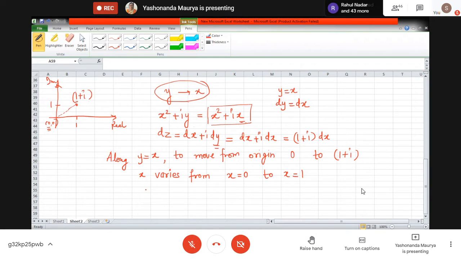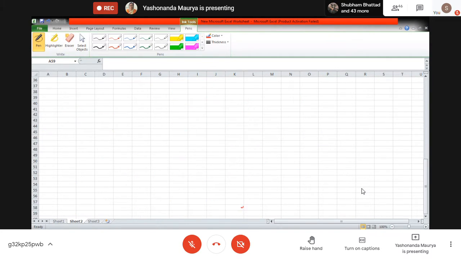Okay, so having said so, the entire integral that we have, integration from 0 to 1 plus i of x square plus iy dz, gets transferred to integration from 0 to 1 of x square plus ix, and instead of dz, this term coming 1 plus i dx.